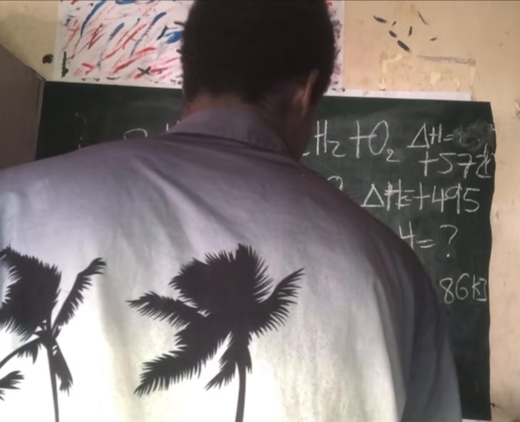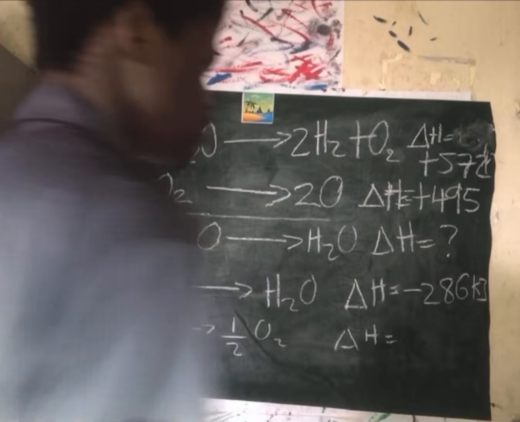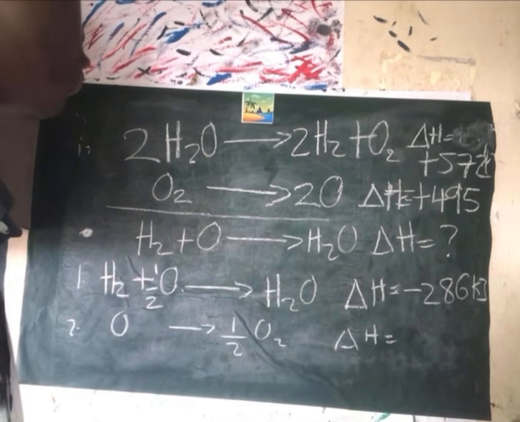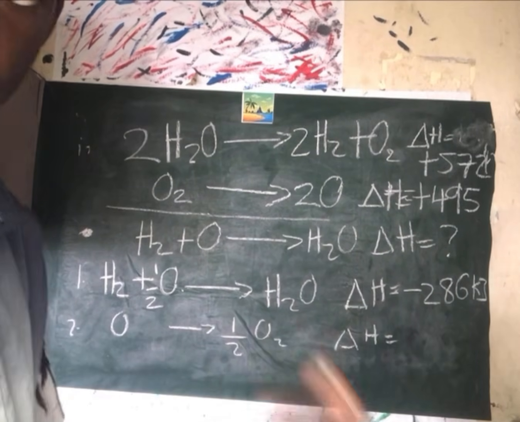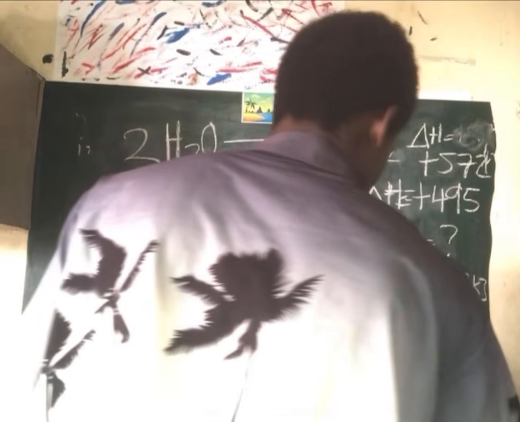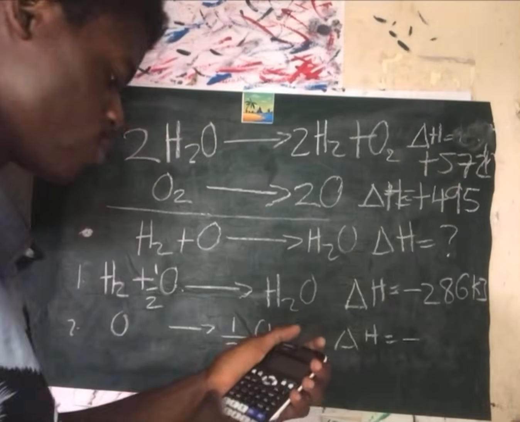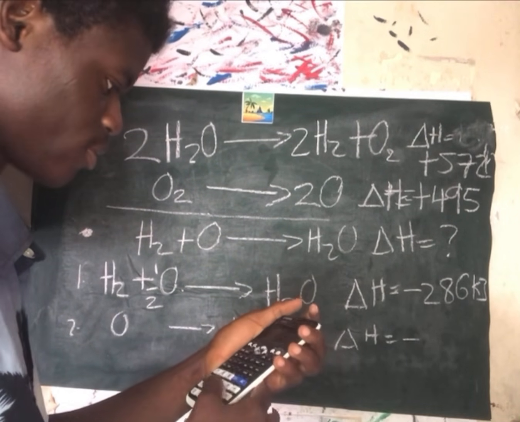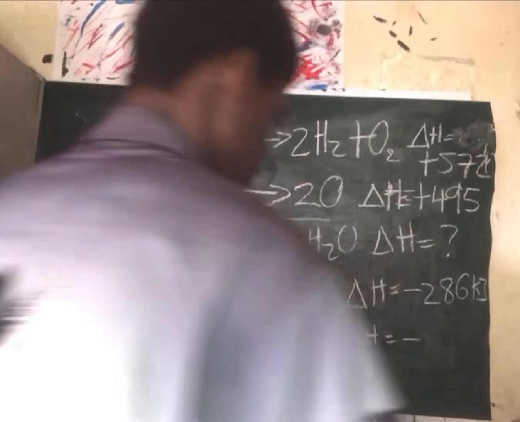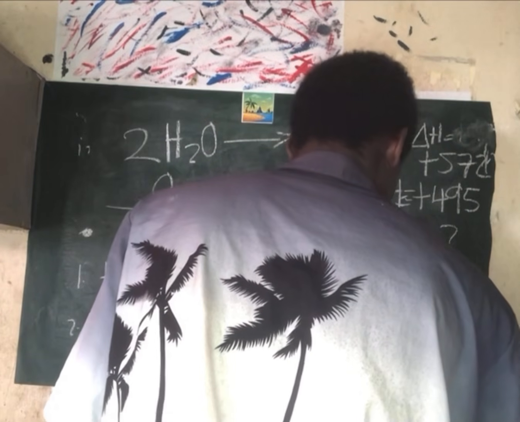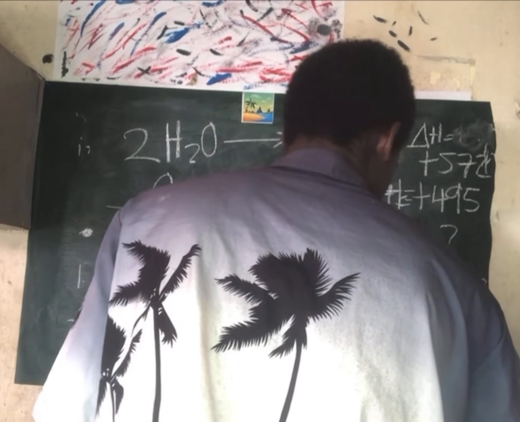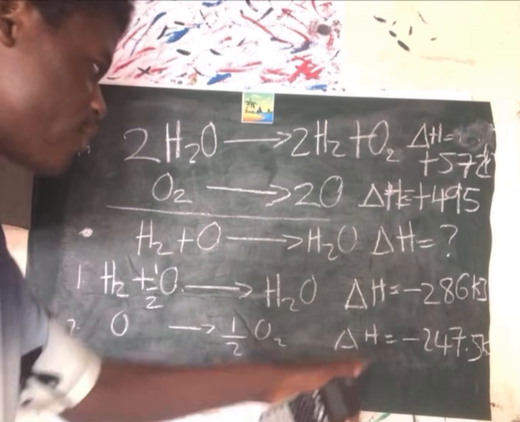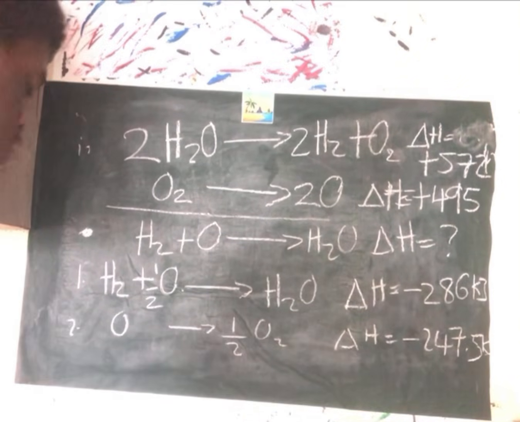We also have to divide the change in H, the enthalpy, by 2 because we are dividing all through by 2. And because we reversed it, the sign will change. So that will be minus 495 divided by 2, which is minus 247.5 kilojoule.